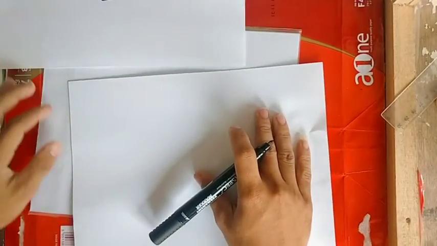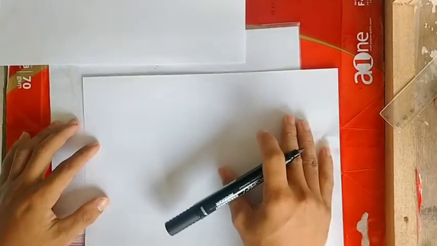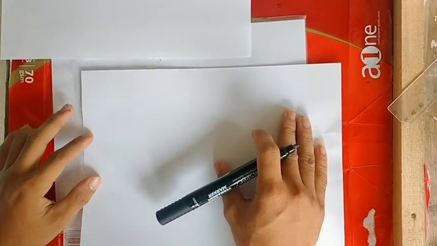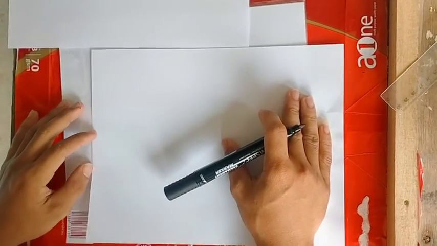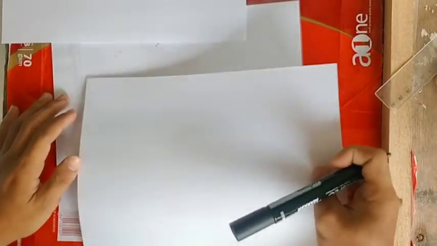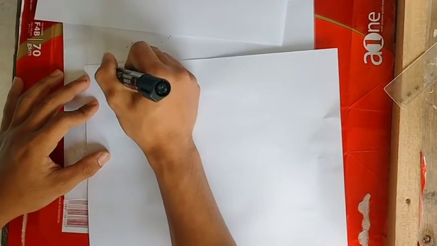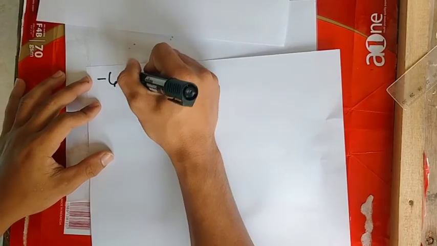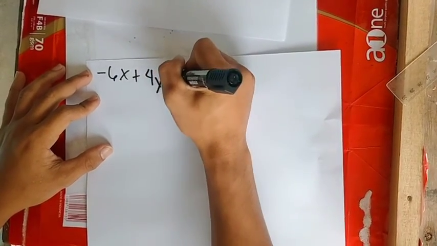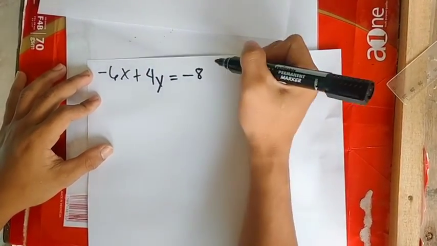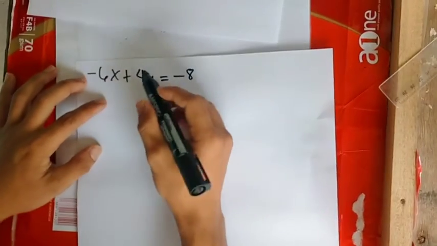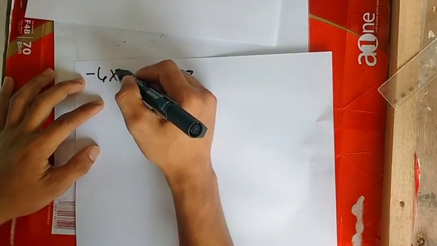So this is the first step. Second, we need to substitute, or plug in, this expression into the other equation and solve. So negative 6x plus 4y is equal to negative 8. So we need to plug in the value of x.